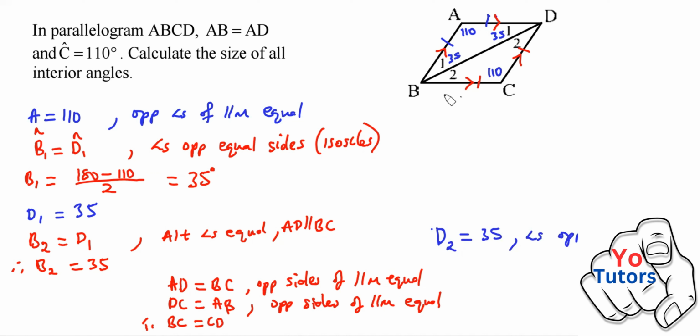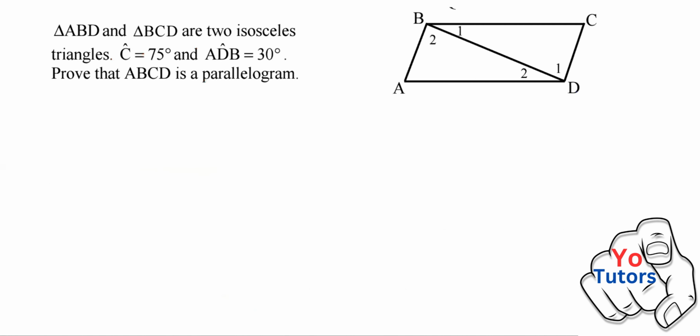That's what we mean by that. So in this case, we just proved that B2 is equal to D2. That's what we need to know. So now we have all the angles that we wanted: 35, 35, and also 35. That's what we have done there.